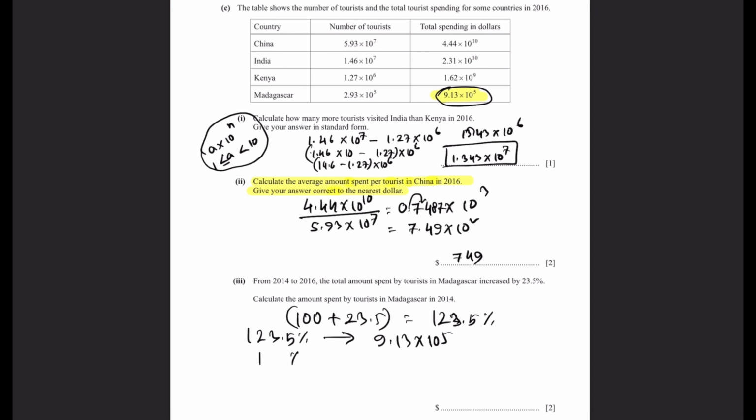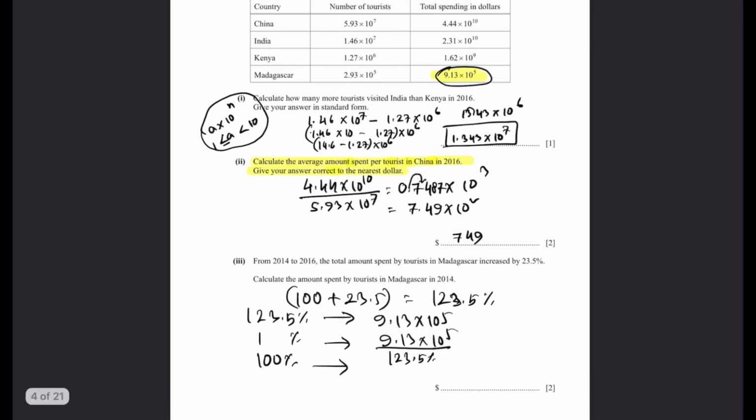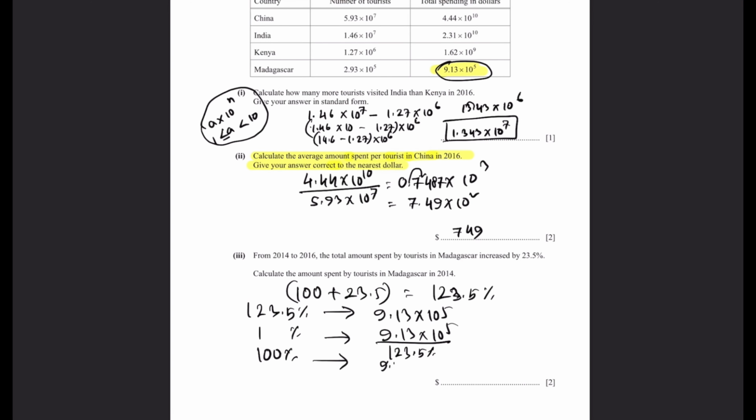The same way, 1% is 9.13 times 10 to the power 5 divided by 123.5, and then 100% is 9.13 times 10 to the power 5 by 123.5 times 100.